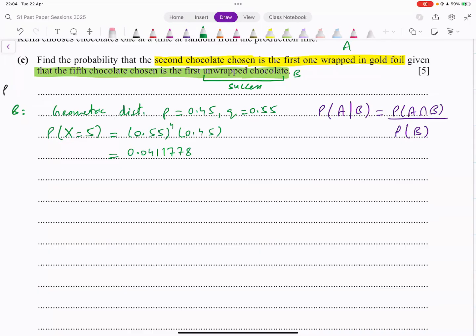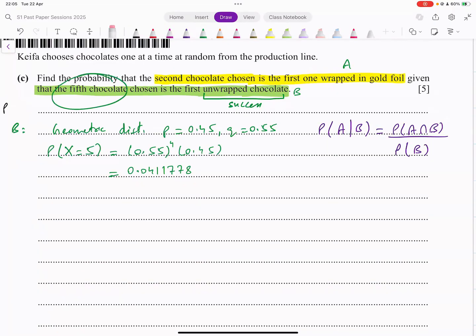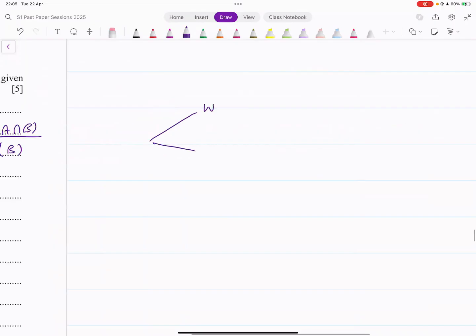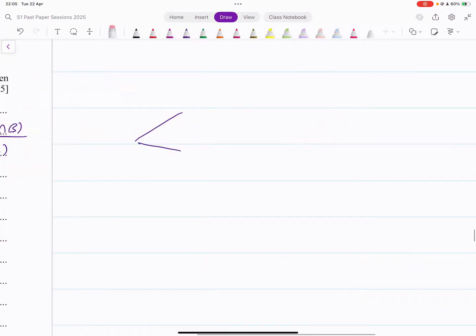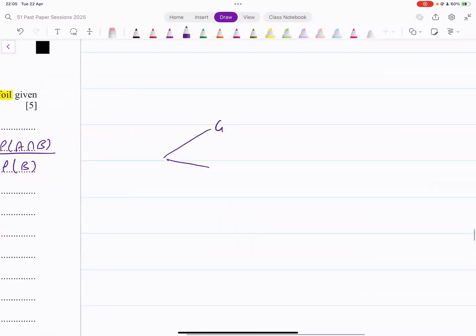Yes, you can do this using a tree diagram as well, but it's going to be a big tree diagram because you're talking about choosing 5 chocolates. First time it's wrapped or unwrapped, right? You can simplify this into 2 outcomes, but for the gold foil later on, you'll have to have 3 outcomes. In fact, gold, red, unwrapped.